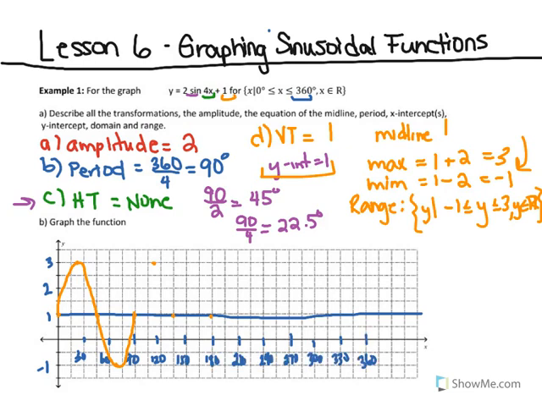So our second one ends at 180, our third one will end at 270, and our last one should end at 360. And there's points in the middle of each, and then we have a maximum, then a minimum, then a maximum, then a minimum. So our sine function will look like this. So that is that graph.